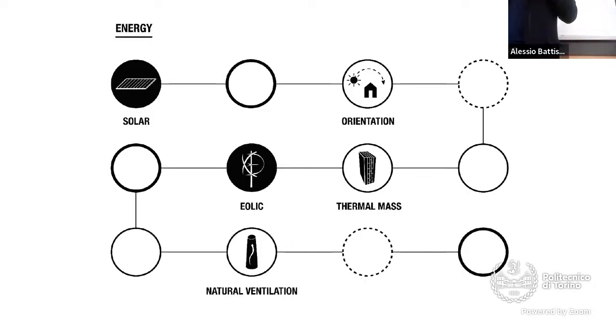Then energy. So we focus on passive principles of bioarchitecture. Okay, this must be the first choice. I mean, the shape of the building is a consequence of passive principles of architecture, and the properties of the materials. So we join all these elements layer by layer, and then merging it, the output is architecture for us. So natural ventilation, orientation, and so on are all elements that help us to give the final shape of the building.